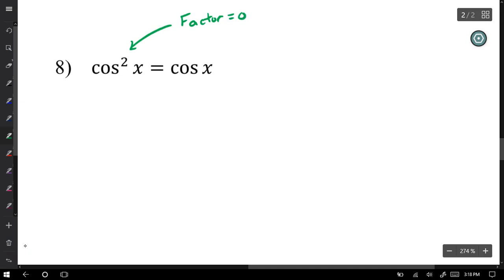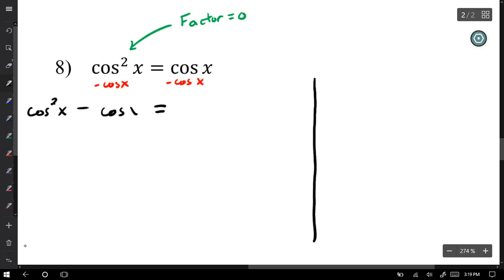In this case, it's not equal to 0, it's equal to cosine of x. So I need to figure out how to get it equal to 0. The first thing I would do is subtract the cosine of x. That's going to give me cosine squared of x minus cosine of x equals 0.